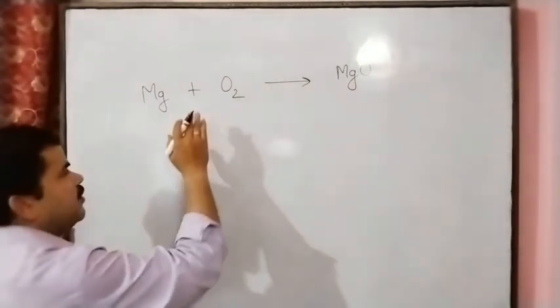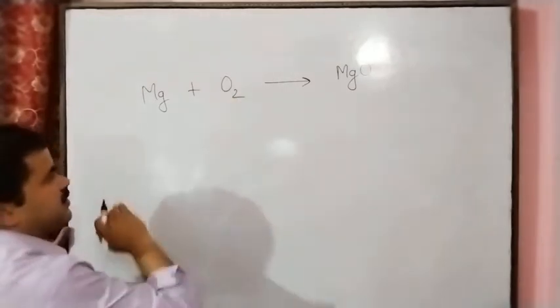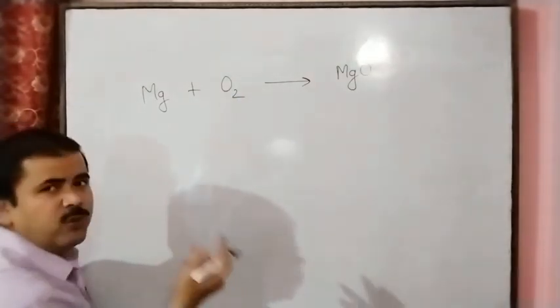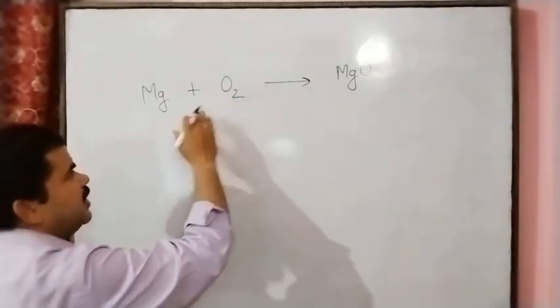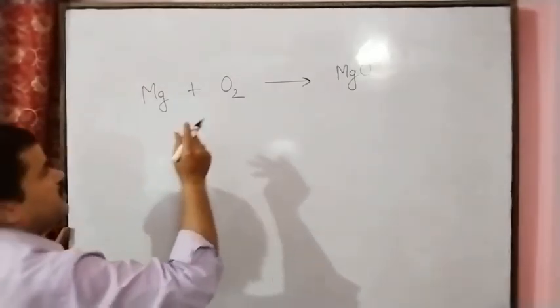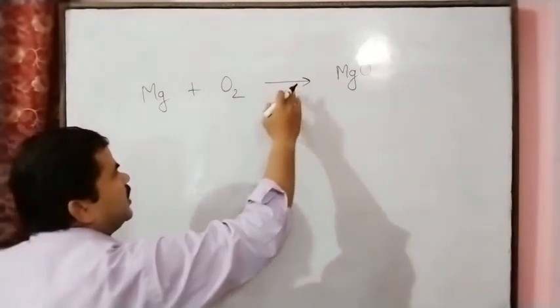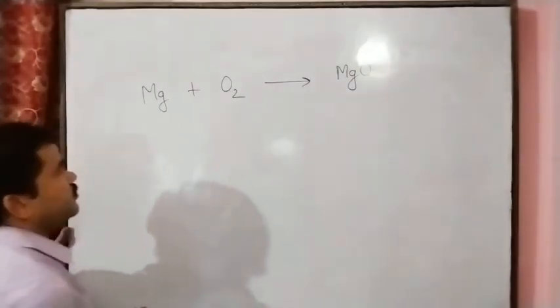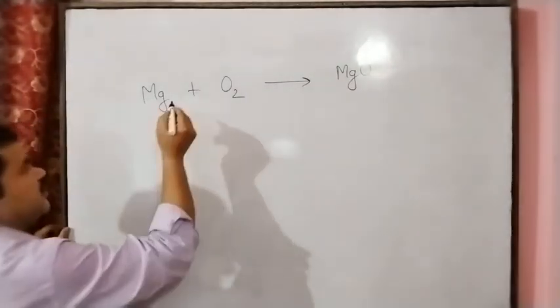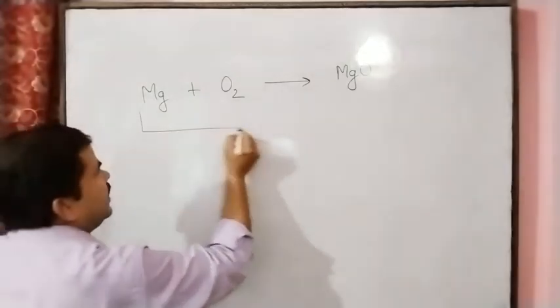In the chemical equation there are two parts, reactants and products. Before the arrow are the reactants and after the arrow are the products.